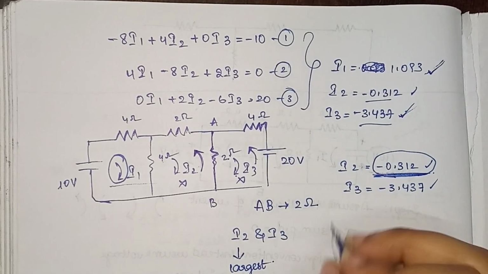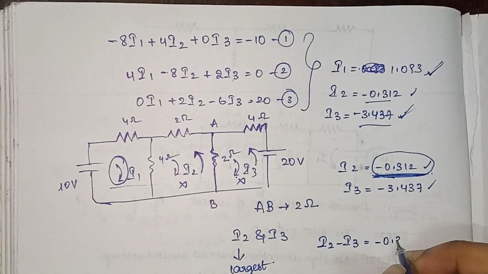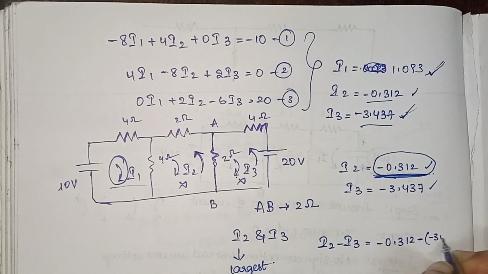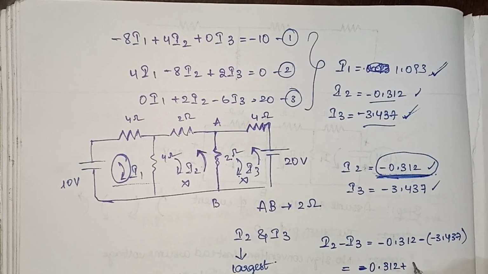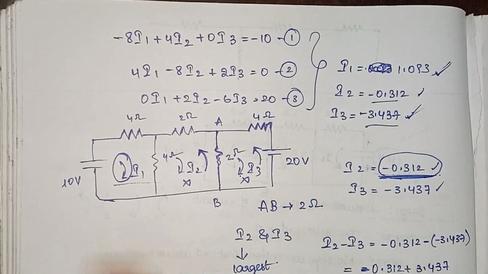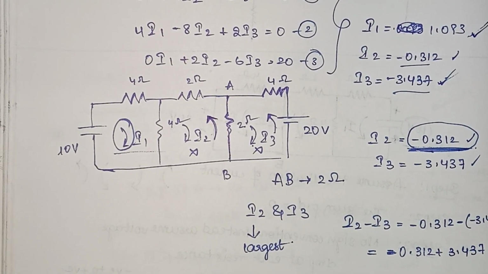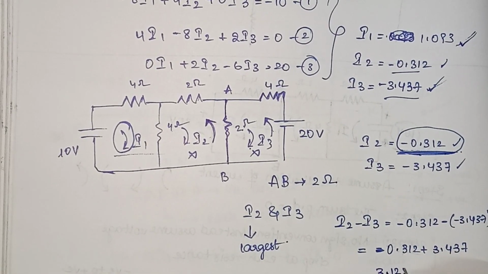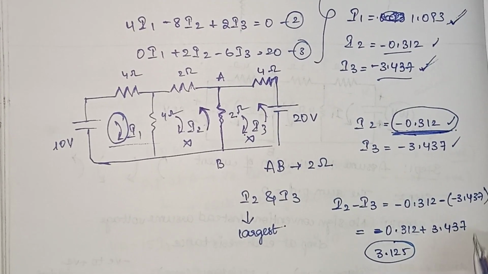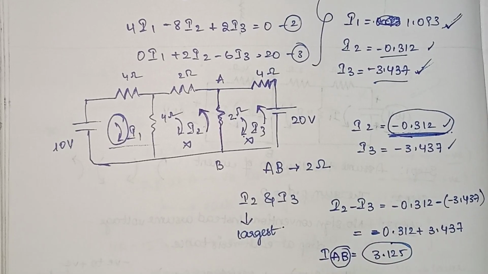So you'll do I2 minus I3, which means minus 0.312 minus of minus 3.437. Then you'll get minus 0.312 plus 3.437, so your answer will be something like 3.125. What are you calculating this value 3.125 for? This is for IAB, the current for mesh AB.